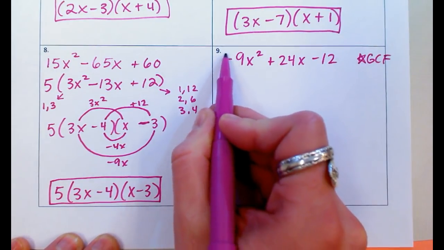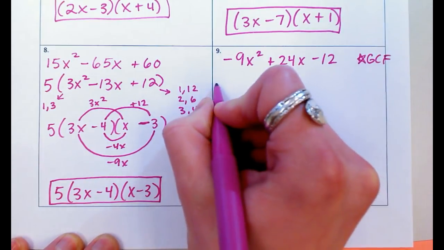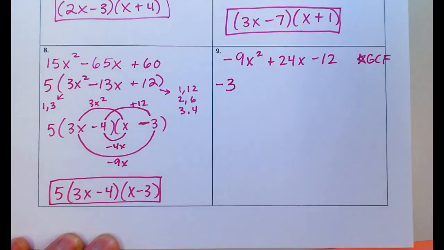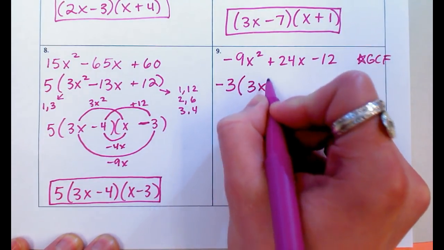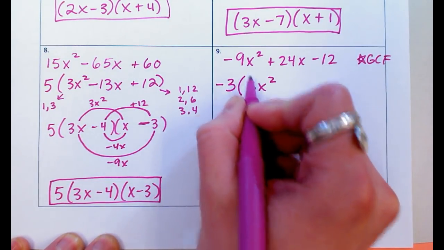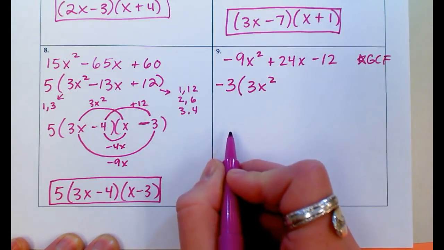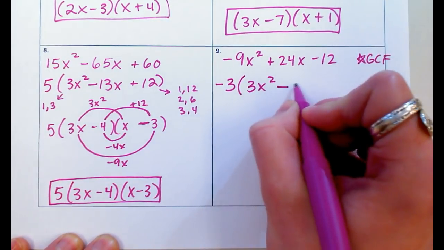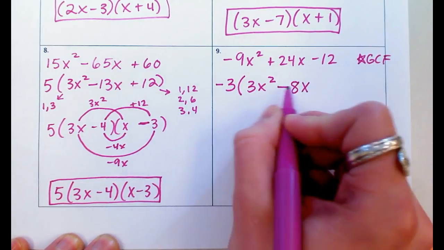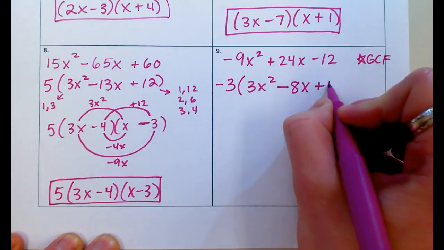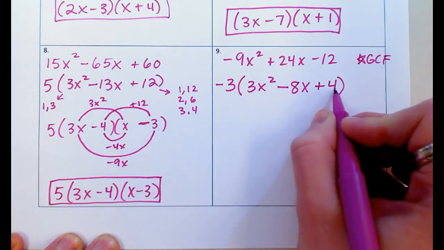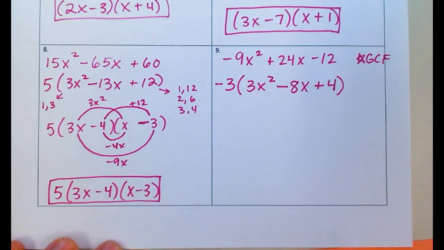But we must factor out a negative 3 in order to get that negative off the first term. So then I'm left with 3x squared, because negative 3 times positive 3 would give me negative 9. Then I would have negative 8x, because negative 3 times negative 8 is positive 24. And a positive 4, because negative 3 times 4 would give me negative 12. All right, pause the video and try factoring this one out now.